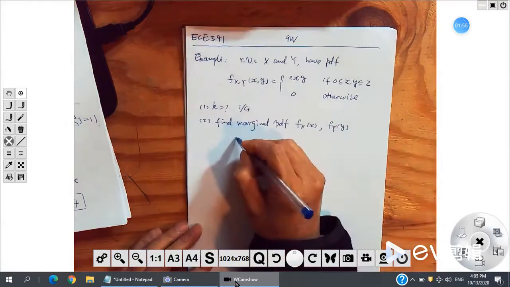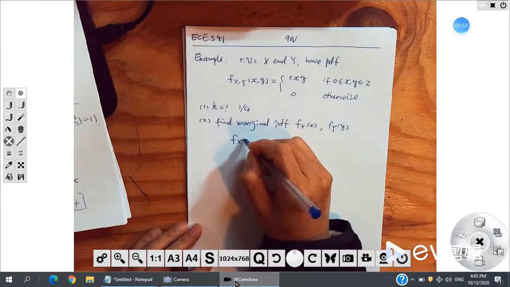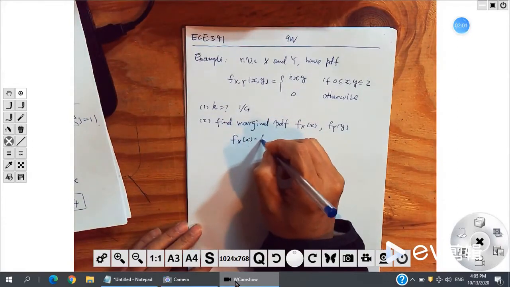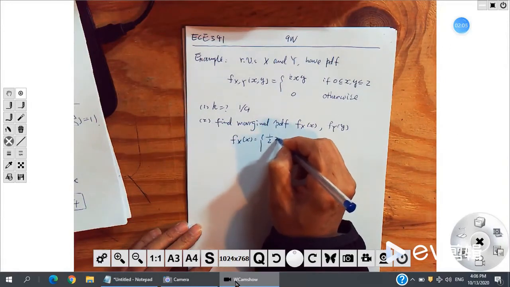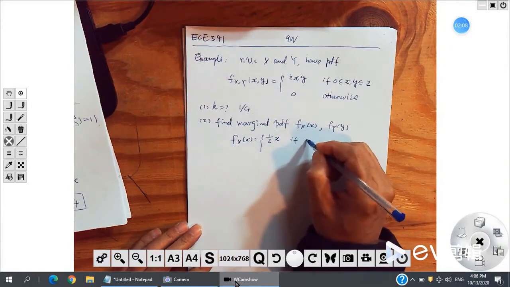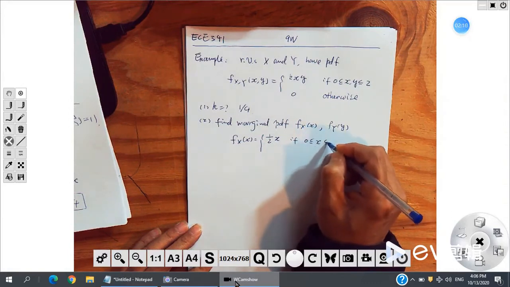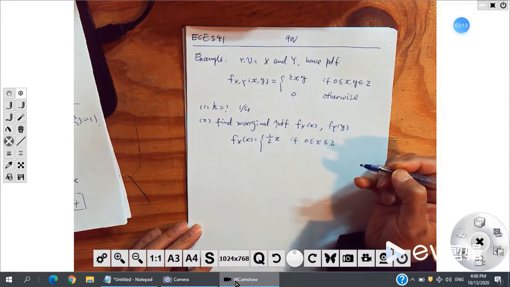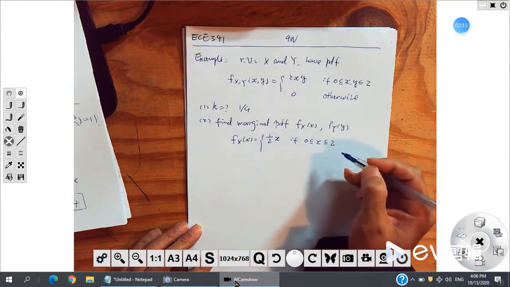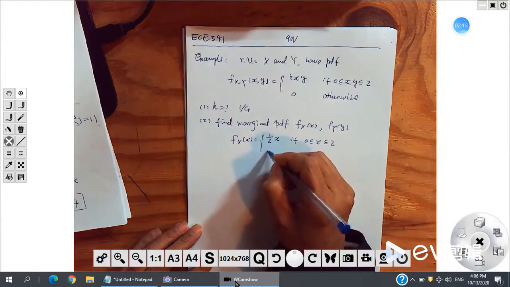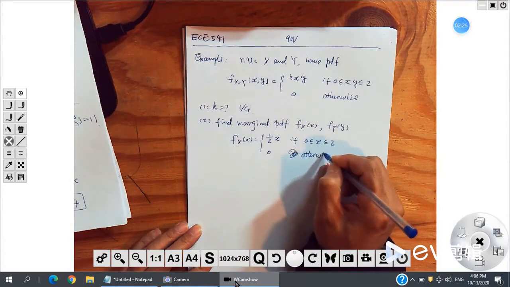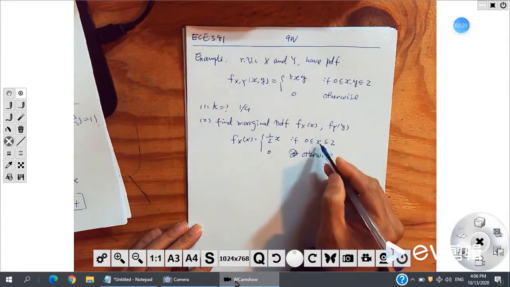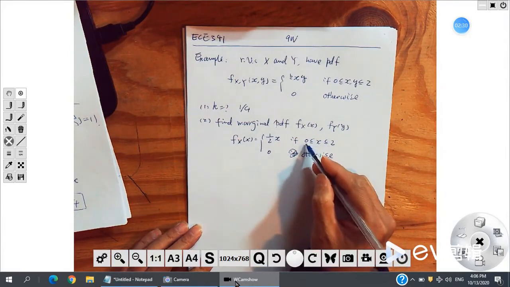Actually, we have obtained f_X(x) is 1/2 of x if x is between 0 and 2, and it's 0 otherwise. Otherwise, that means x larger than 2 or smaller than 0.